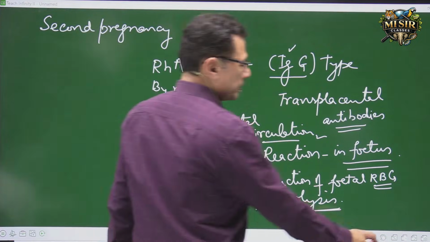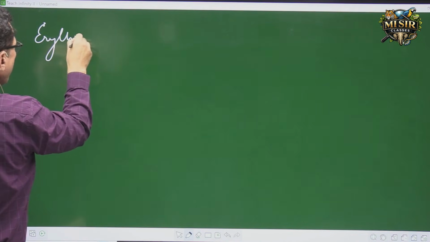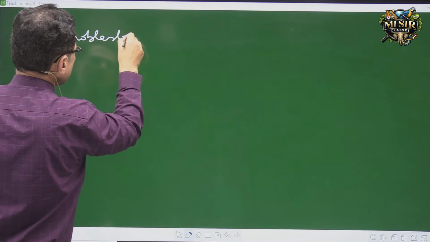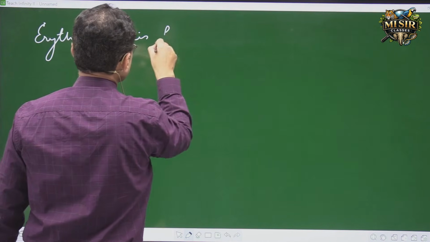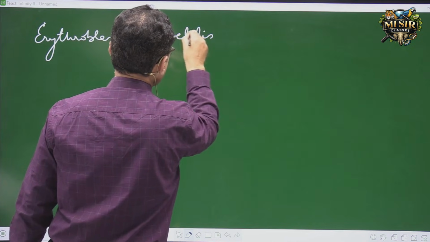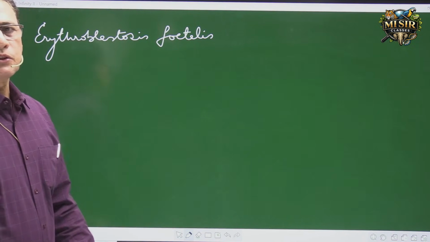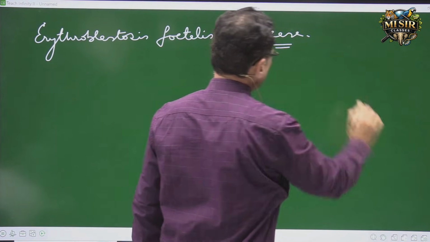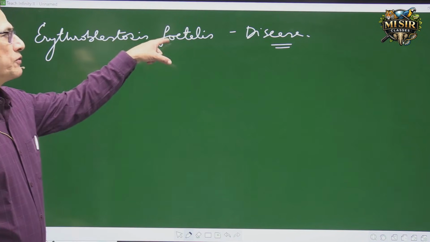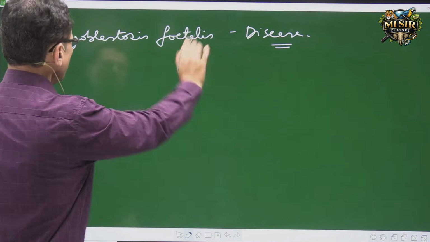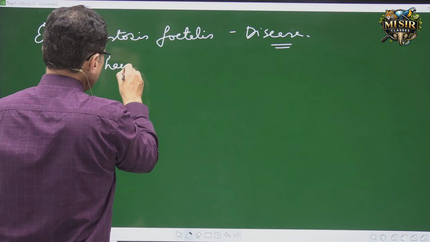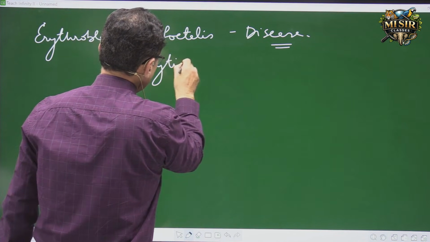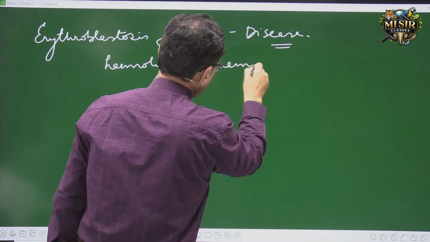It leads to development of a disease called Erythroblastosis Foetalis. This is the disease. Erythroblastosis Foetalis is the name of the disease, or we can say it is hemolytic anemia.